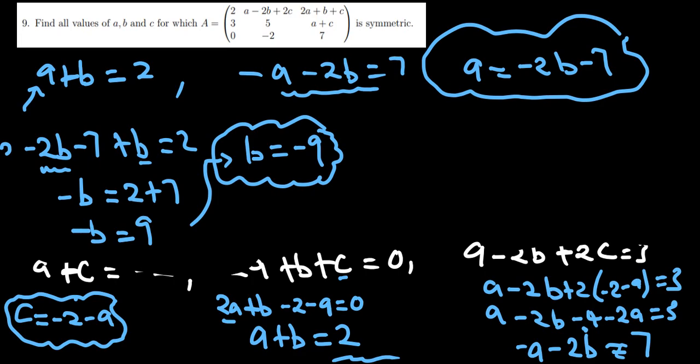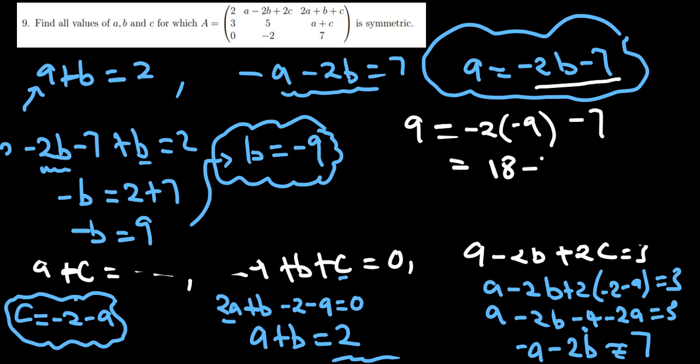Remember a is equal to minus 2b minus 7. So I'm going to write minus 2 multiplied by minus 9, and then minus 7. This is going to be 18 minus 7, which will just be 11.